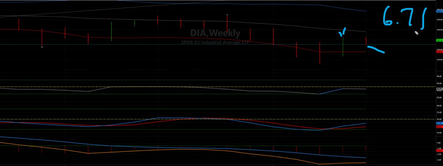That's almost close to the spread we created last week by going down to the daily chart and using the 21-day moving average. Last week our spread was $6.68.